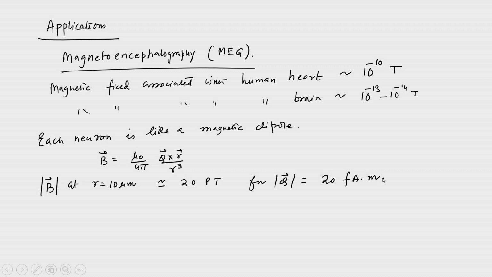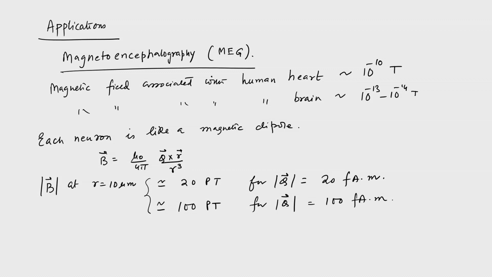And when the neurons become more active, it becomes something around 100 Fermi ampere per meter. This becomes something like 100 picotesla for Q about 100 Fermi ampere per meter, and so on at the same distance. This is roughly an order of magnitude.